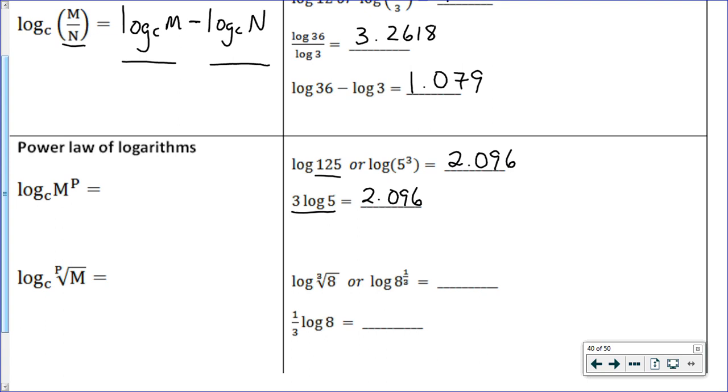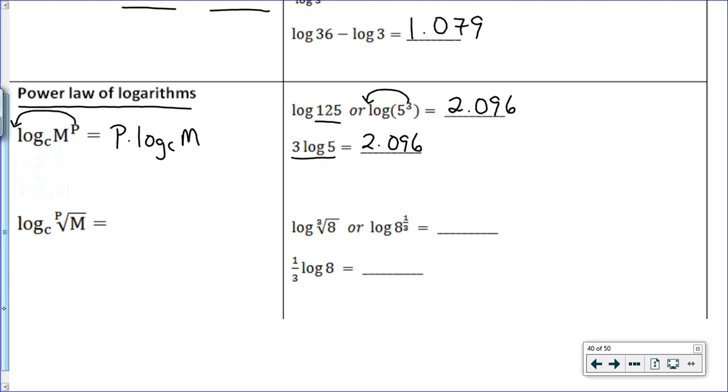So in general, if we turn our attention back to this side, what I'm doing is taking that exponent and dropping it down in front to become the coefficient. So this is p times log base c of m. And you can see over here, I took that 3 and plopped it down in front to get 3 log 5.